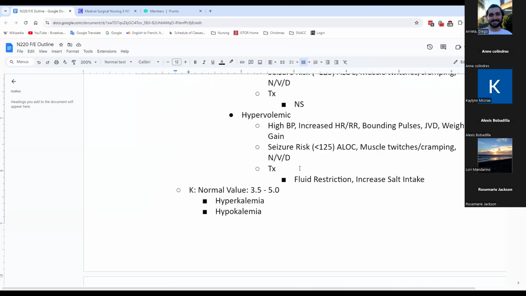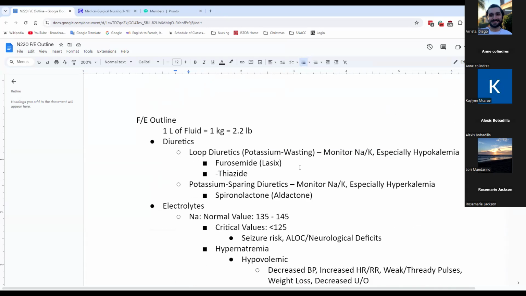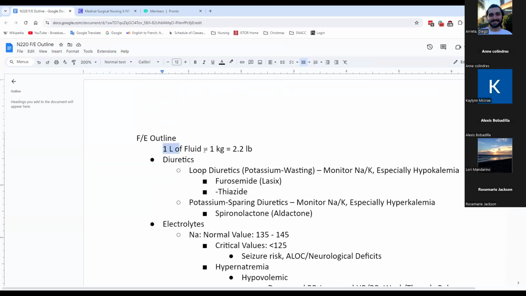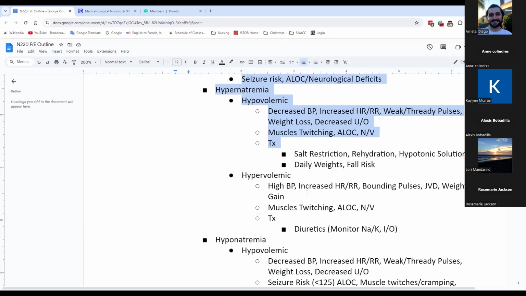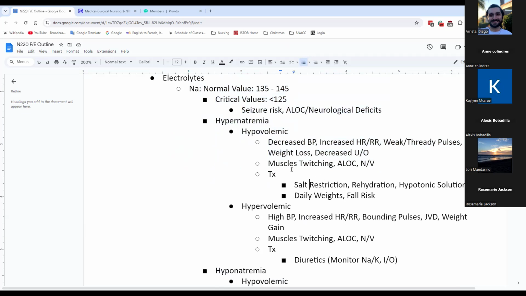Does anyone have any questions at all on anything we talked about so far? We talked about this rule here, 1 liter of fluid equals 1 kilogram. We talked about the different diuretics, the electrolytes. And really for this, just try to find a way to have general ideas of the signs and symptoms. It's very rarely going to be like a question that's really confusing.